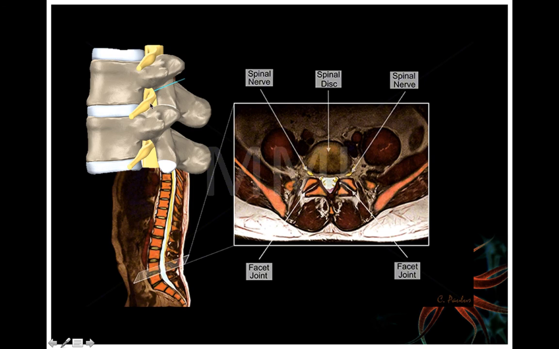Or you can actually have a herniated disc that comes out here, called a foraminal herniated disc. Disc herniation can occur through the middle. Disc herniation can occur in the paracentral region. Disc herniation can occur into the hole. Disc herniation can occur laterally, outside the hole, called extraforaminal.